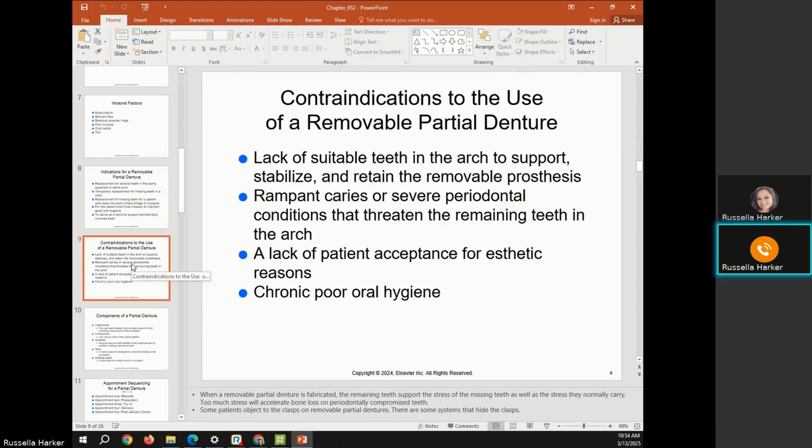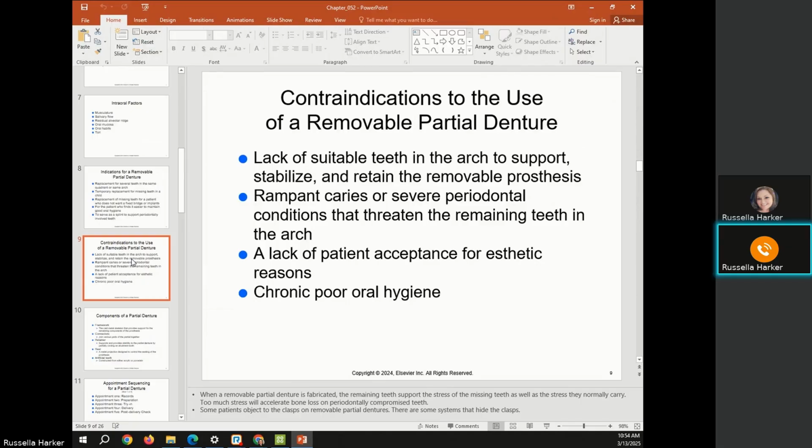Rampant caries and severe periodontal conditions with bone loss are also contraindications. There may also be a lack of patient acceptance for aesthetic reasons, like I said before. Patients that may be involved in public speaking may have concerns about clasps and things like the silver hardware on a partial denture.